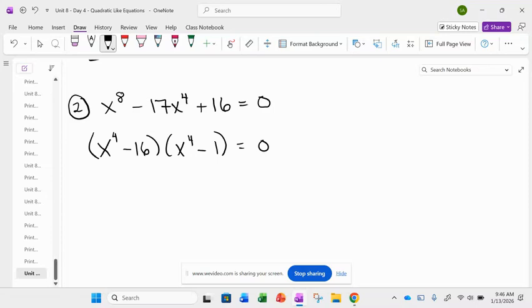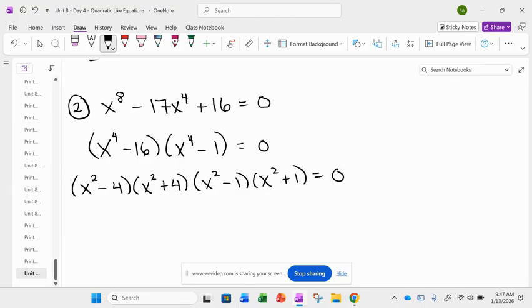But now I'm looking at my 2 parentheses. Can I factor this further? Absolutely. I have 2 difference of squares. So this becomes x squared minus 4, x squared plus 4, x squared minus 1, x squared plus 1. Am I done factoring? No, I have another difference of squares.